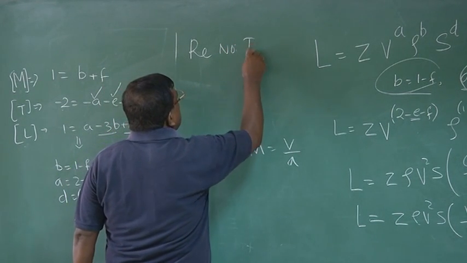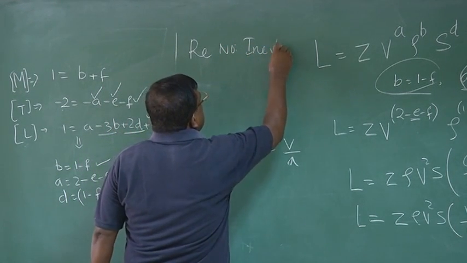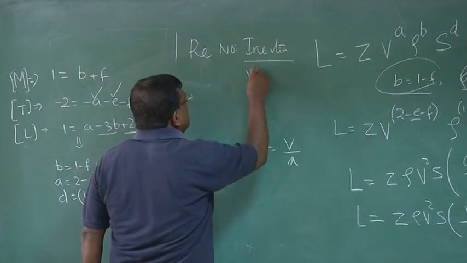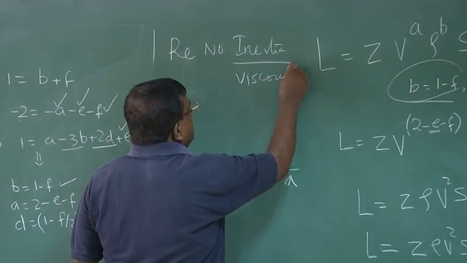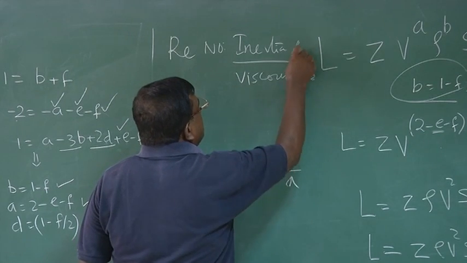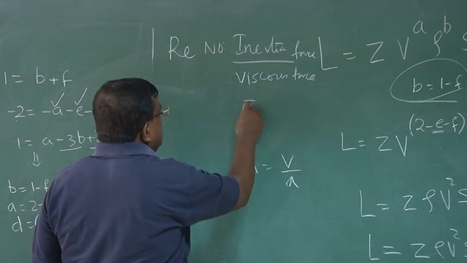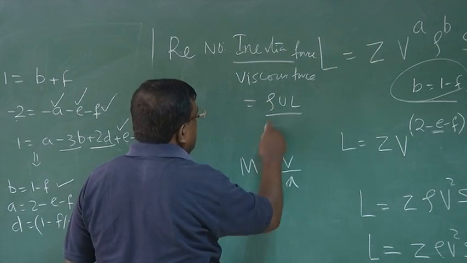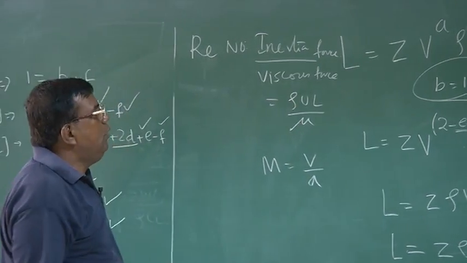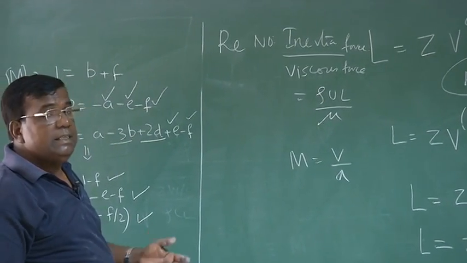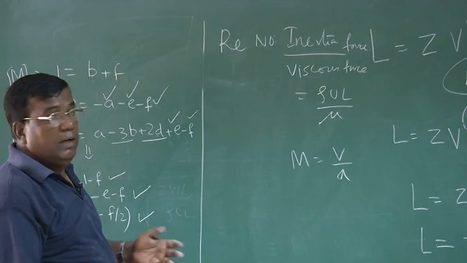Typically, Reynolds number is the ratio of inertia force to viscous force, which can be shown to be rho u L by mu, where L is the characteristic length and mu the coefficient of viscosity.